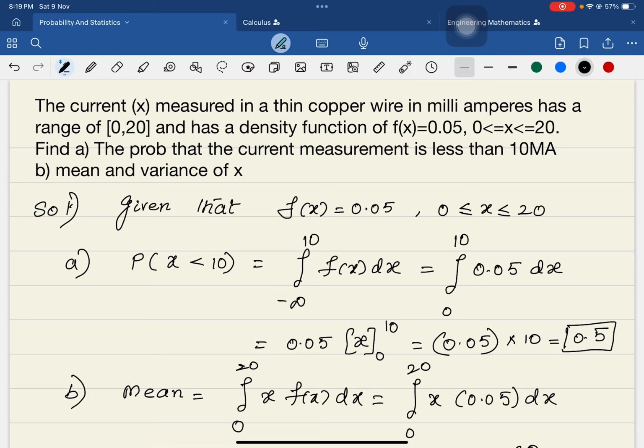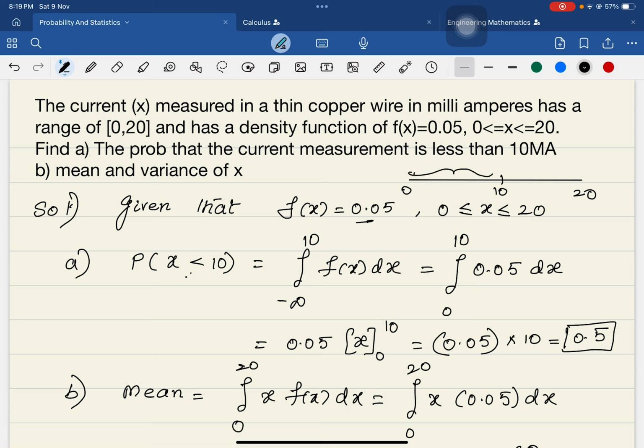You can understand this by drawing the real line: the function is defined between 0 and 20, and the function value is 0.05. Now 0 to 20 is defined, but you need to find only for x less than 10.